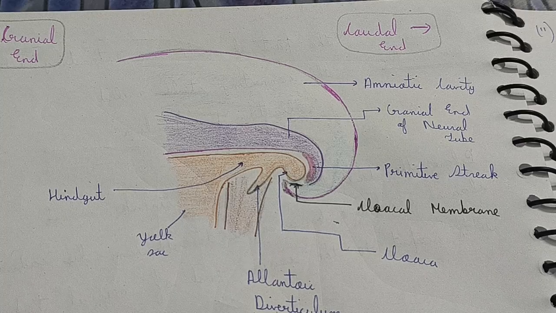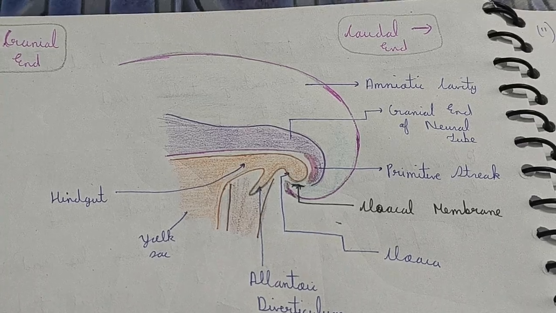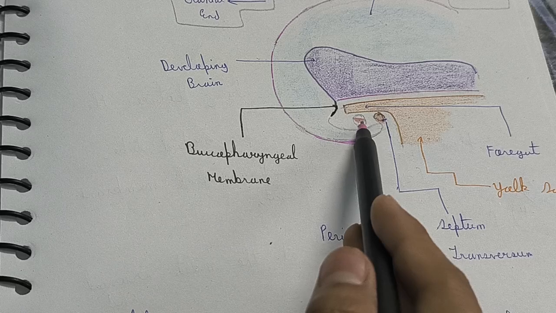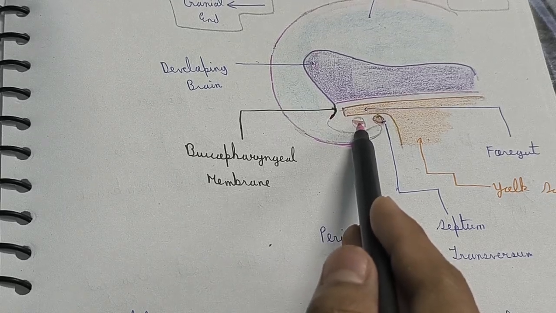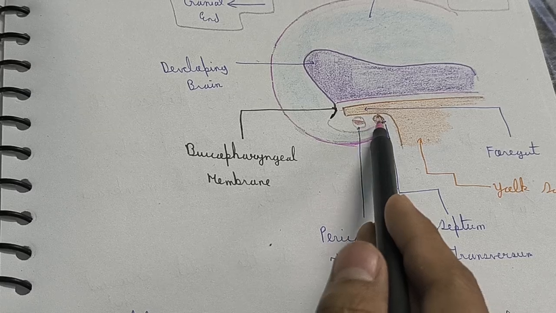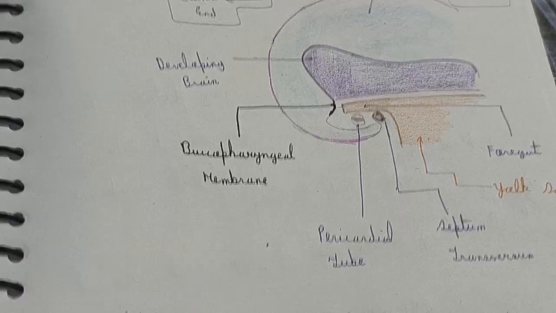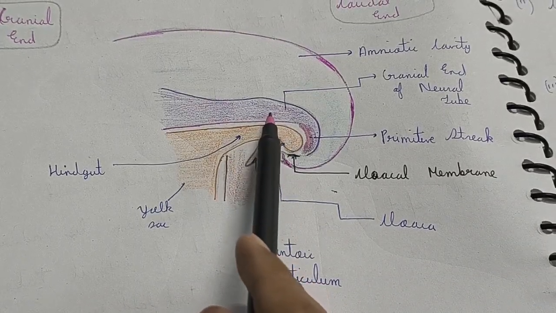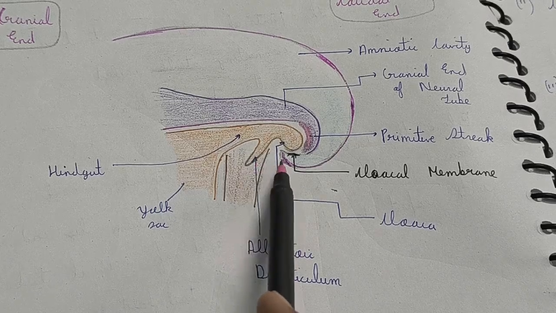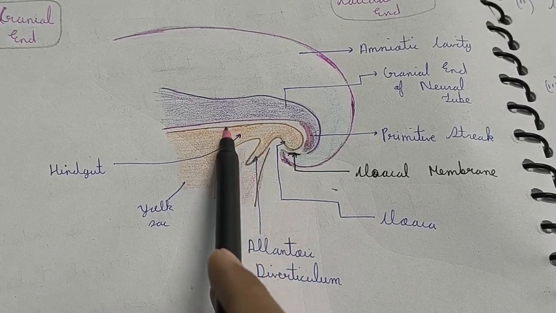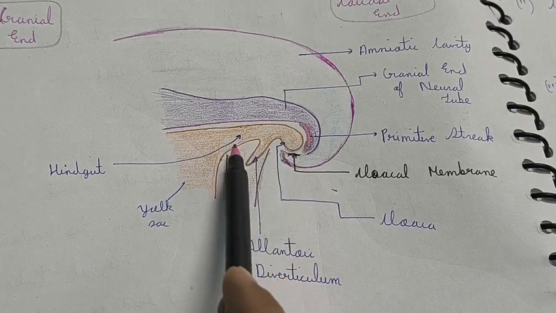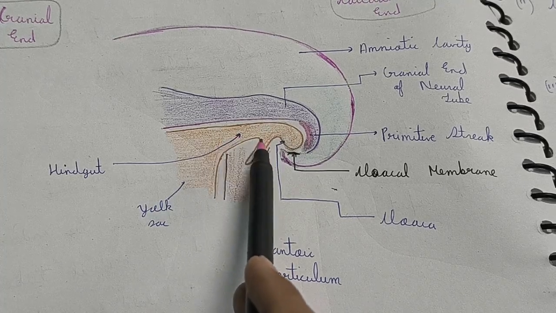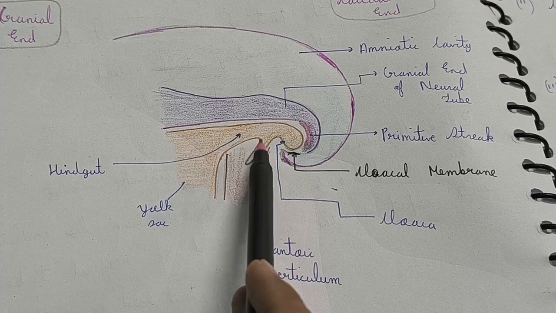In the head fold, I mentioned that a portion lies between the developing brain or neural tube and the buccopharyngeal membrane, pericardial tube, and septum transversum, and this leads to formation of the foregut. Similarly, a portion of the yolk sac lies between the neural tube and the allantoic diverticulum, cloacal membrane and connecting stalk, and that portion is divided into two parts, the hindgut and the cloaca. This division is done with respect to the allantoic diverticulum.